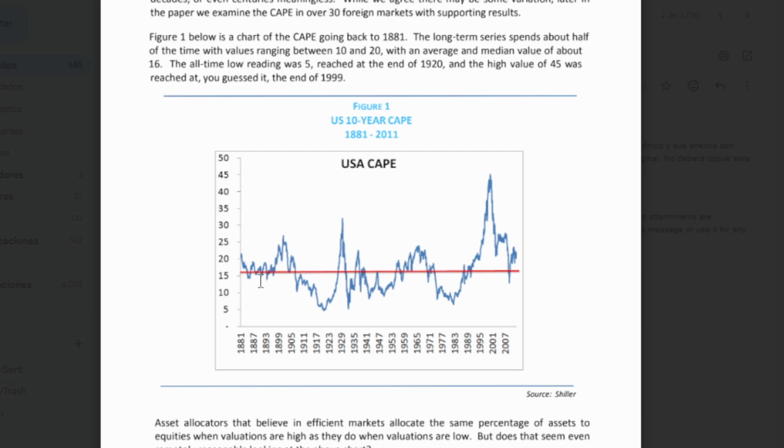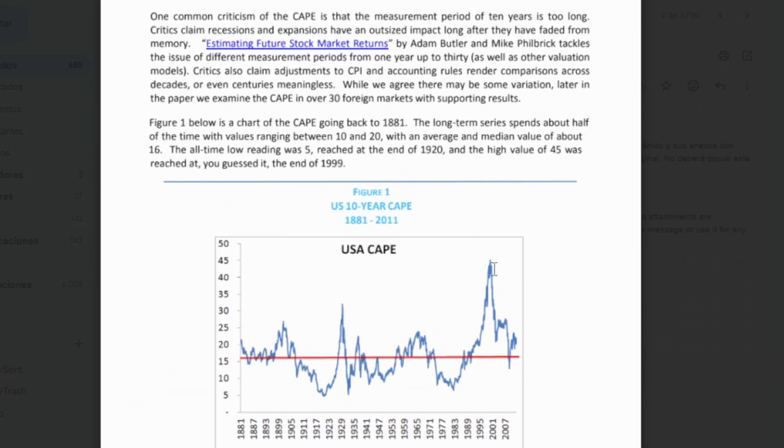But the expected value of this cyclical adjusted price to earnings ratio is historically between 15 and 20. Right now, today, 2026, we are around the 40s, so we are at extreme valuations. By the way, I didn't tell you, but this data is from US stocks.